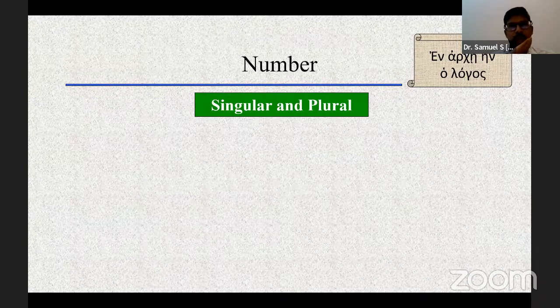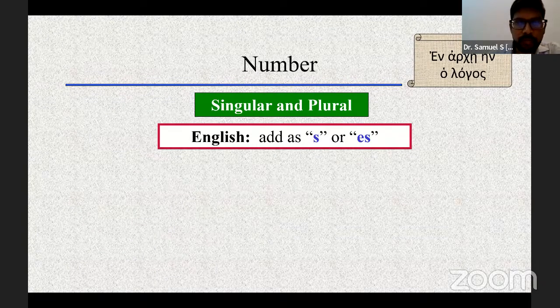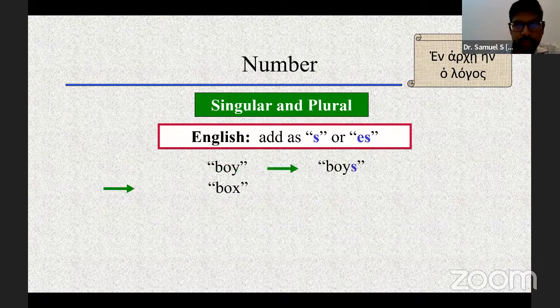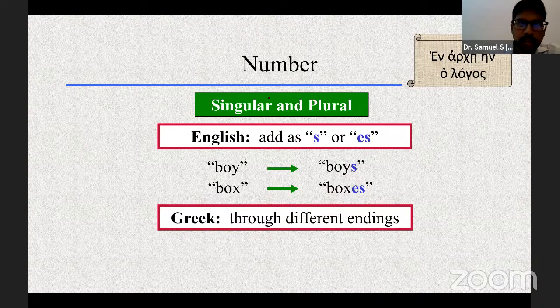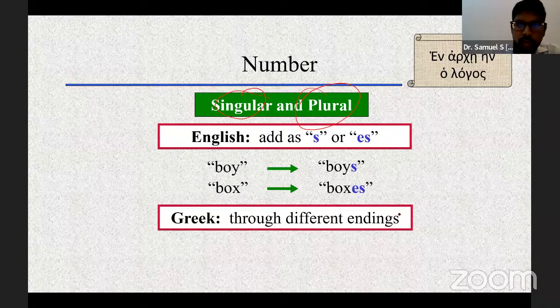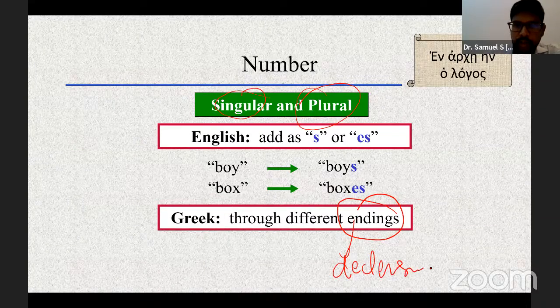Number. Number can be either singular or plural. We've looked at this. May just refresh your mind. The way Greek communicates whether a noun is singular or plural is through its different endings or declensions.